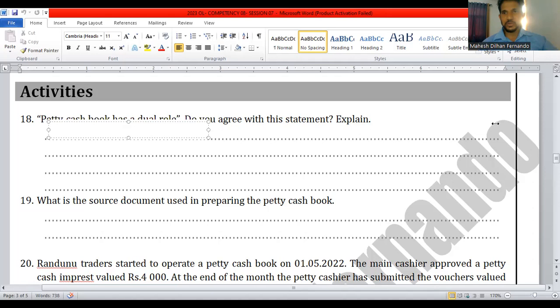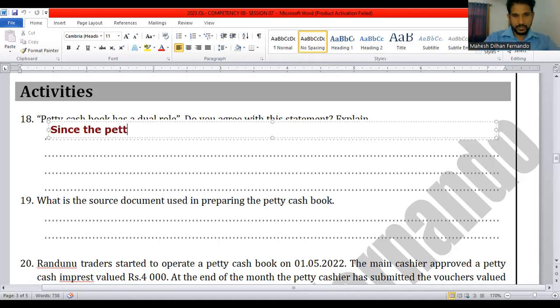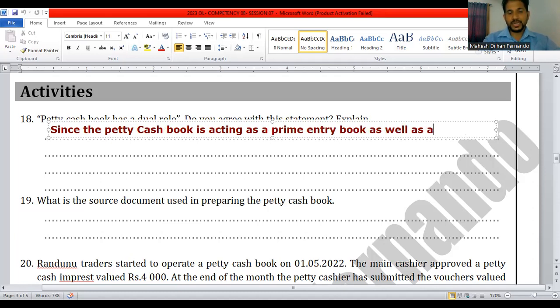Since the petty cash book is acting as a prime entry book as well as a ledger account, it is right.